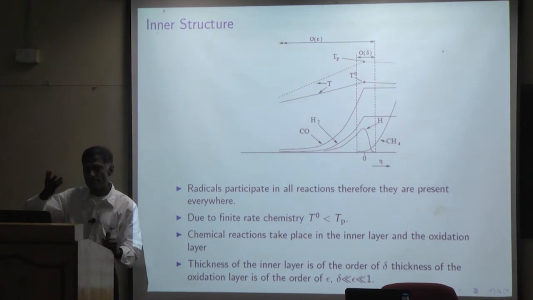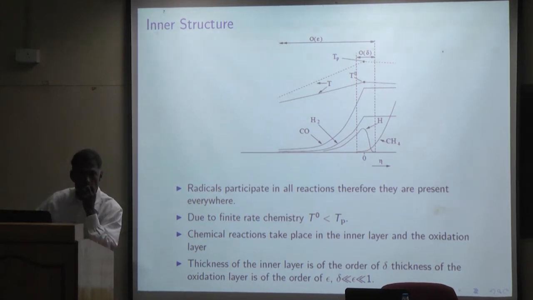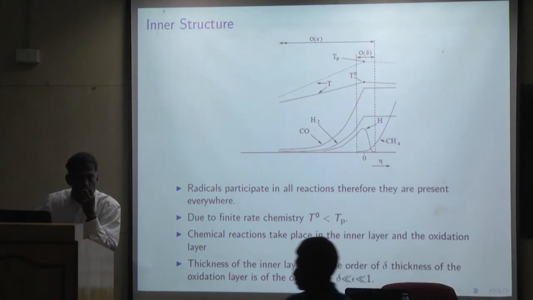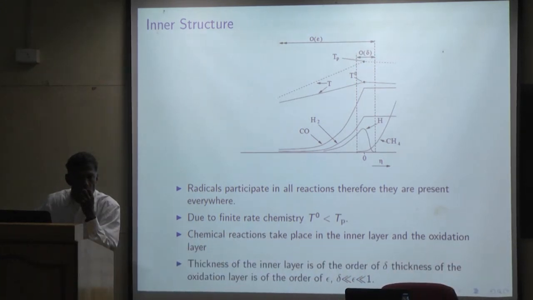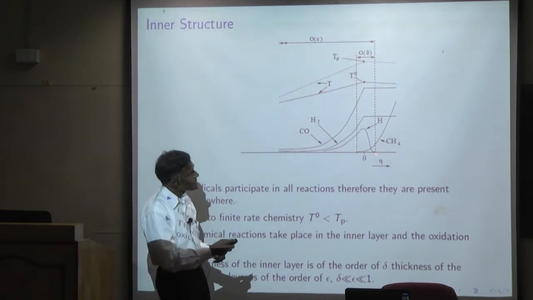And then we shall see what that epsilon is. And it is small. It's not that, but it's a small quantity. Okay. Is there any relation between mixture fraction and eta? No. This is an independent variable.